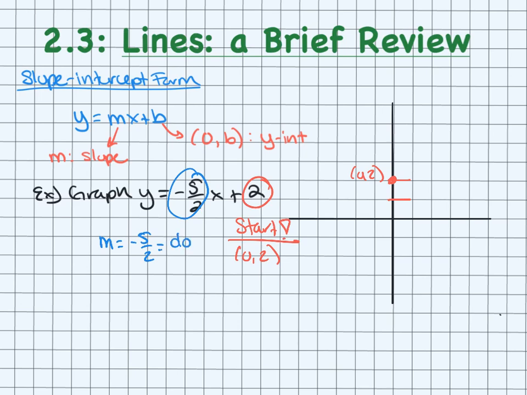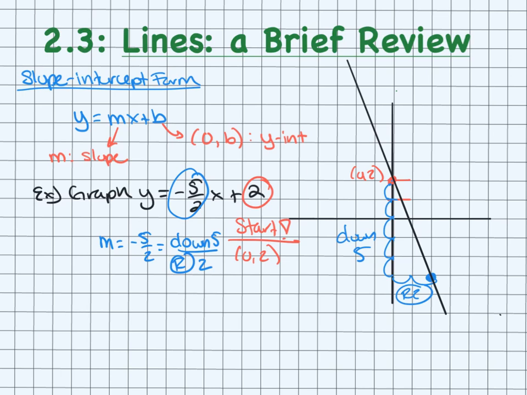So we're going to, because it's negative, go down 5 and then to the right 2. So from the 0, 2, we go down 1, 2, 3, 4, 5, and over 2 to the right. And we have our next point.